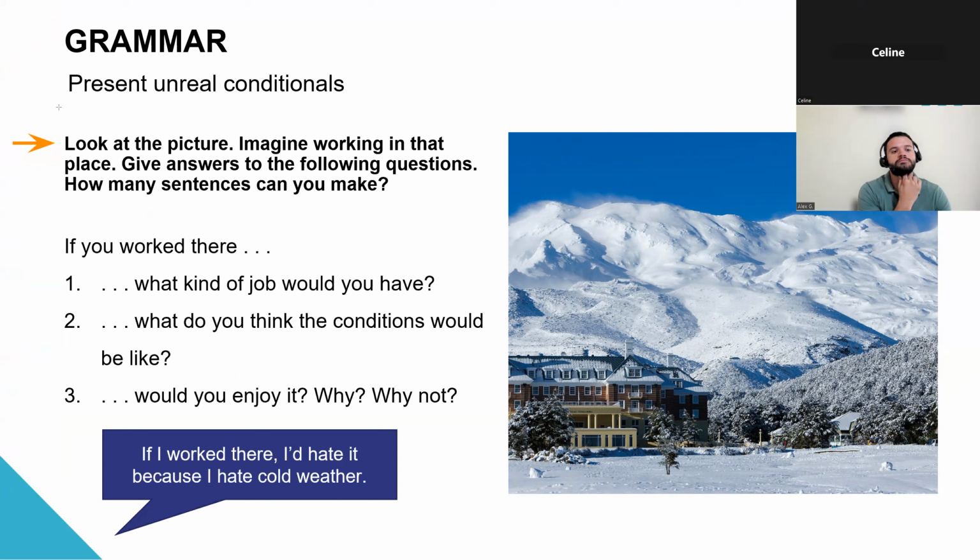How many sentences can you make? Very good. So we'll begin with the first one. It says, if you worked here, what kind of job would you have? Oh my gosh. What do you think? Does this look like a good place to work, Celine?